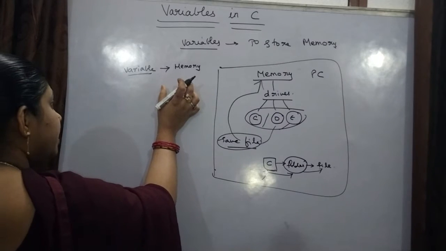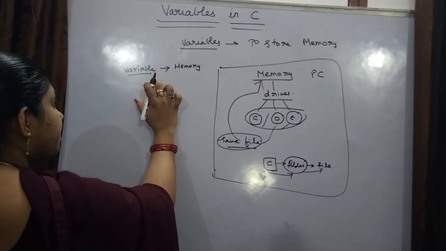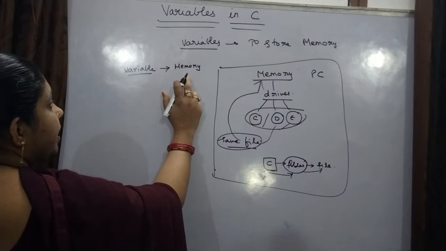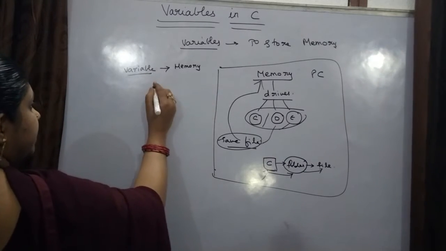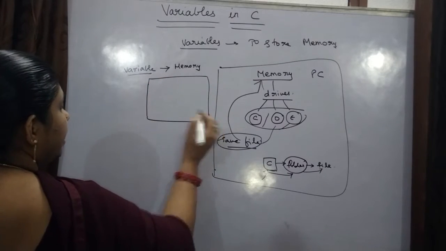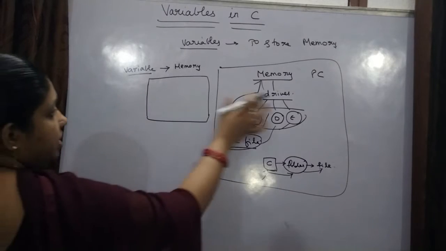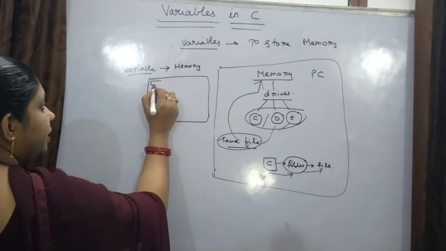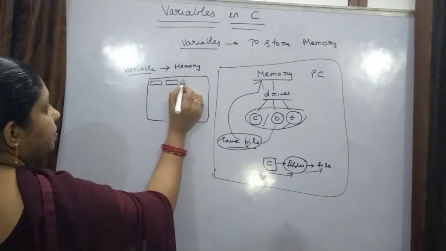and whatever name you give to that variable, that name is assigned to that particular memory. For example, think that memory is this. Just like our drives, in the memory the locations will be like this.